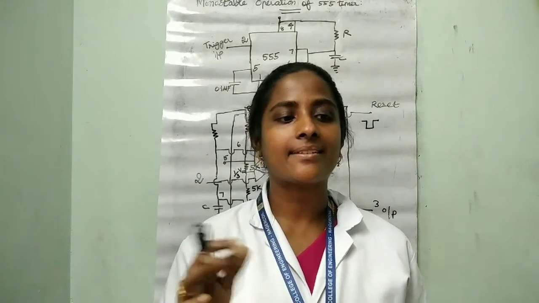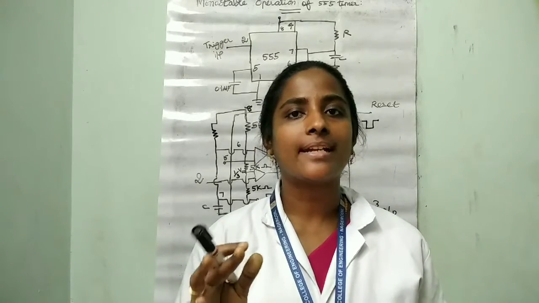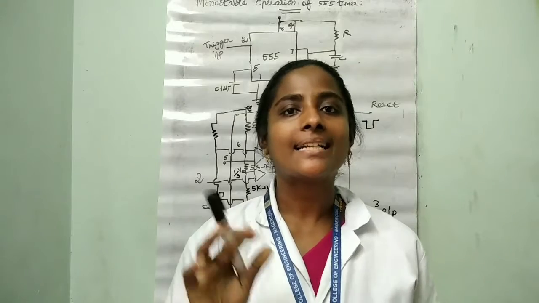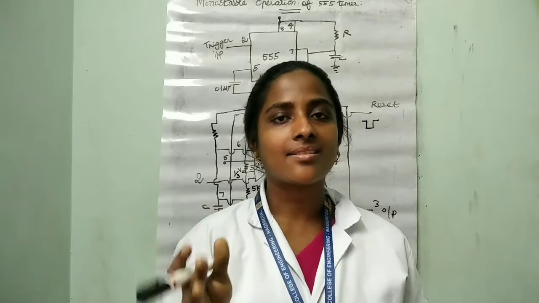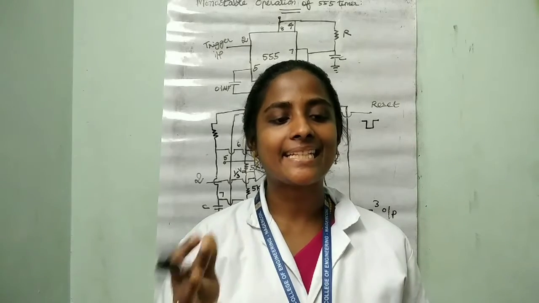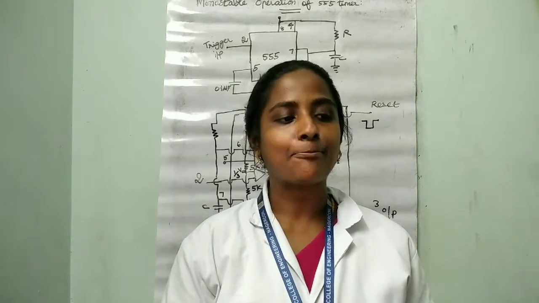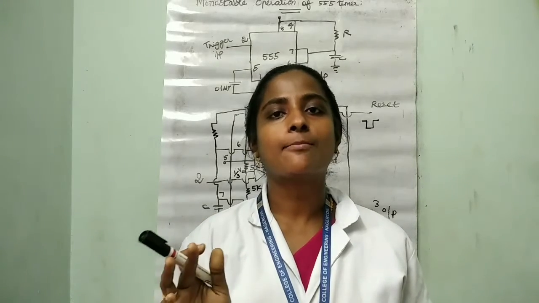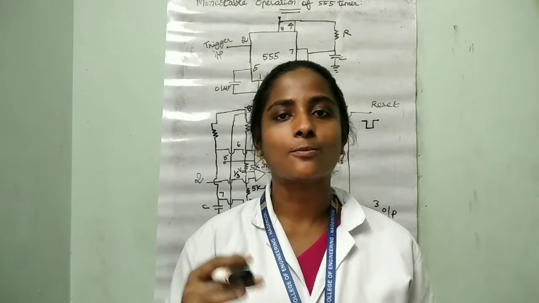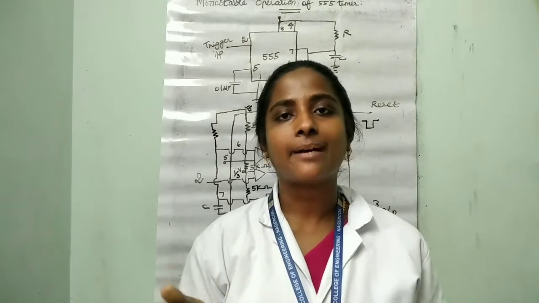So R is equal to 1 and S is equal to 0. This makes Q bar equal to 1, and the transistor Q1 again goes to on condition. Now the capacitor C discharges rapidly to the ground potential. The output remains in the standby mode.